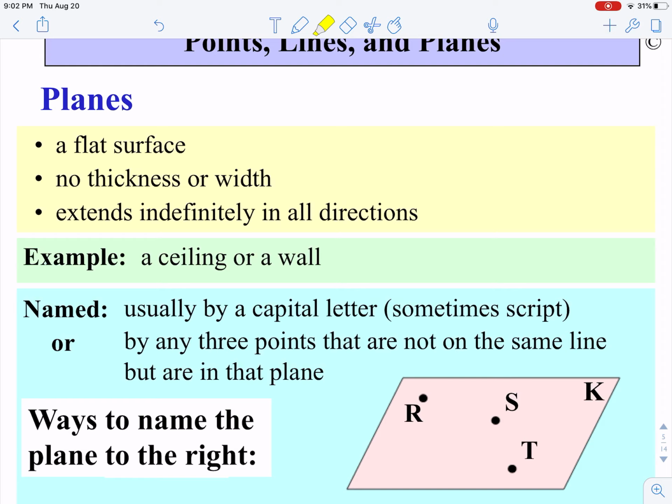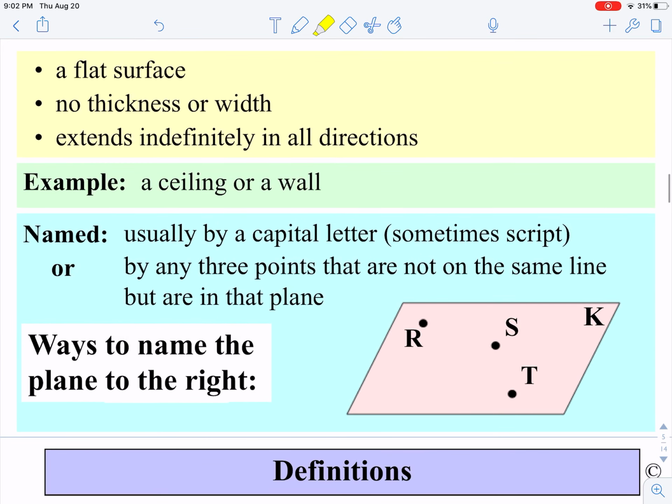Imagine your desktop, tabletop, a piece of notebook paper. Those can all be considered planes. Now, there are, again, different ways to write this. I'm going to change this to script. So let's say we have a capital K.